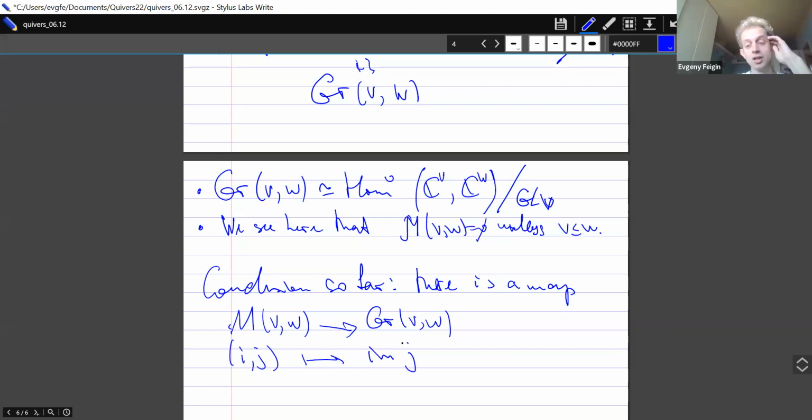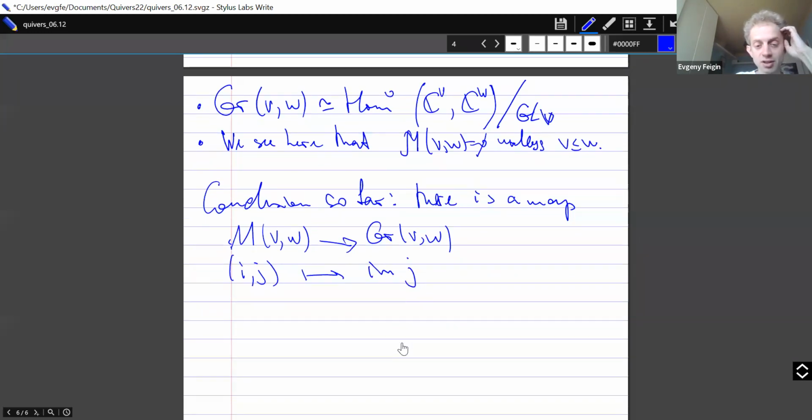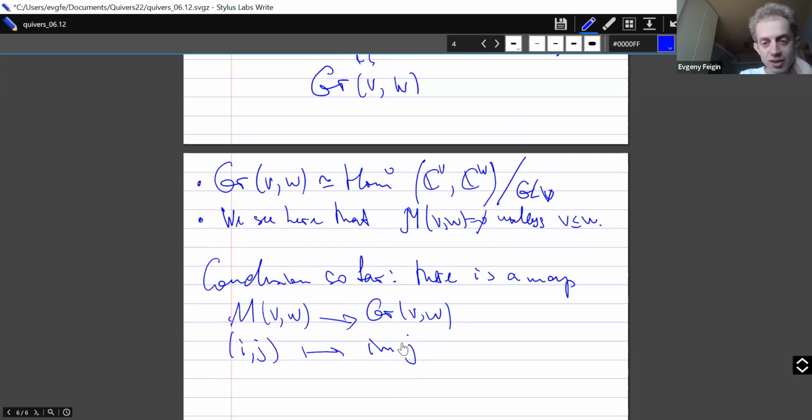Right? And what's the fiber of this map? So we decided that after we quotient the homomorphism space, maybe I should write that this 0 is injective.